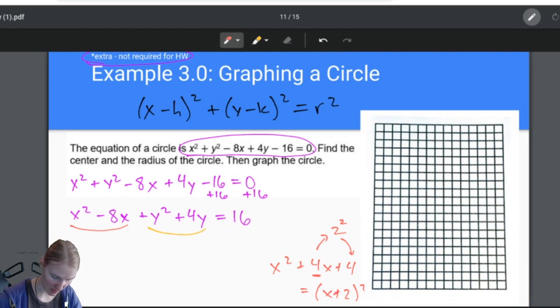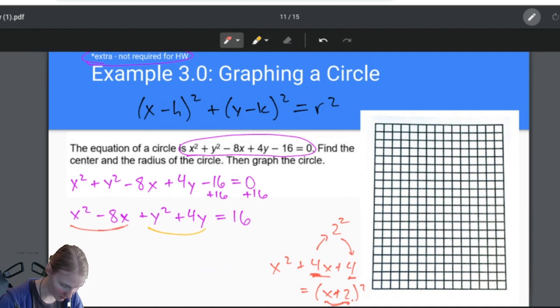You can kind of see that from this example. I have x squared, I have 2 squared, which is 4, and then the x and the 2 make up what's in the middle. So I need to take half of the middle term, 2, and then square it to get what goes over here.